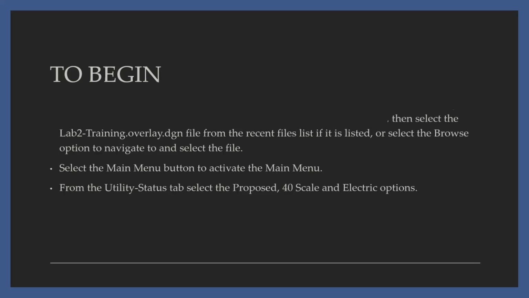Then select the Lab2 Training Overlay DGN file from the recent files list if it is listed, or select the Browse option to navigate to and select the file.